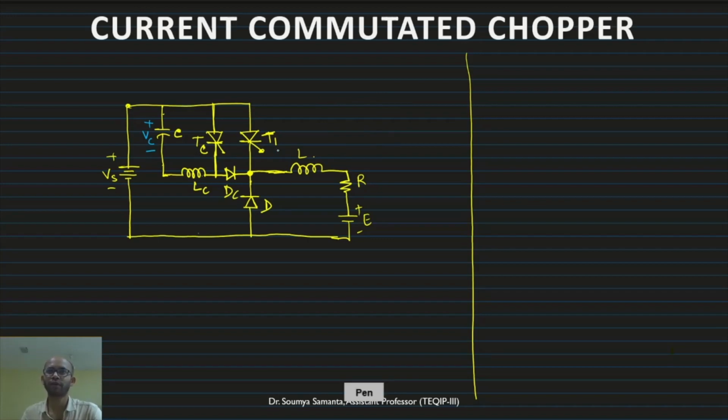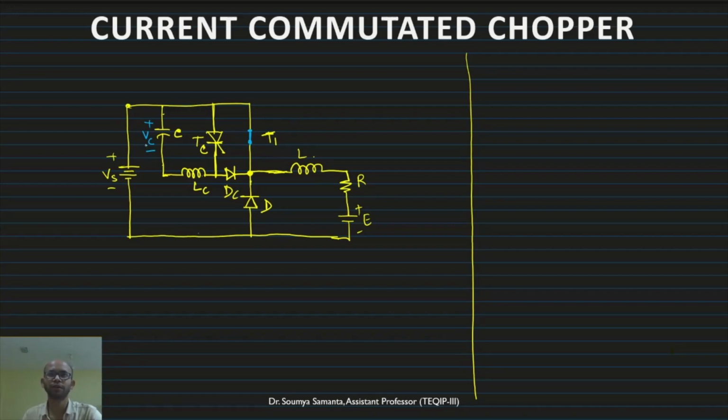Now, the moment we give a gate pulse here, this thyristor will be turned on, and this circuit will become short circuited. This is step 1.